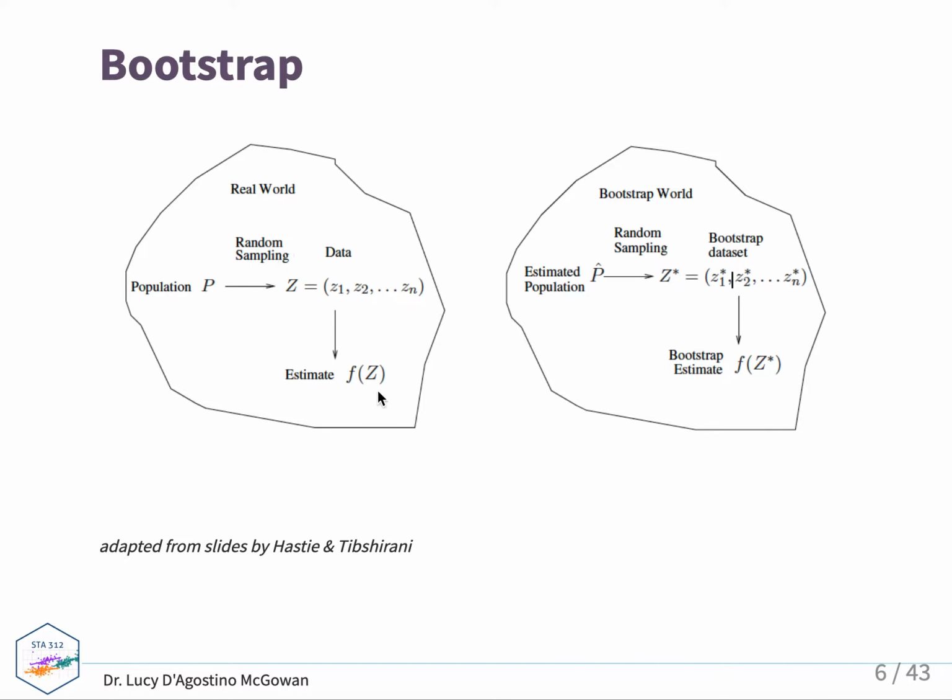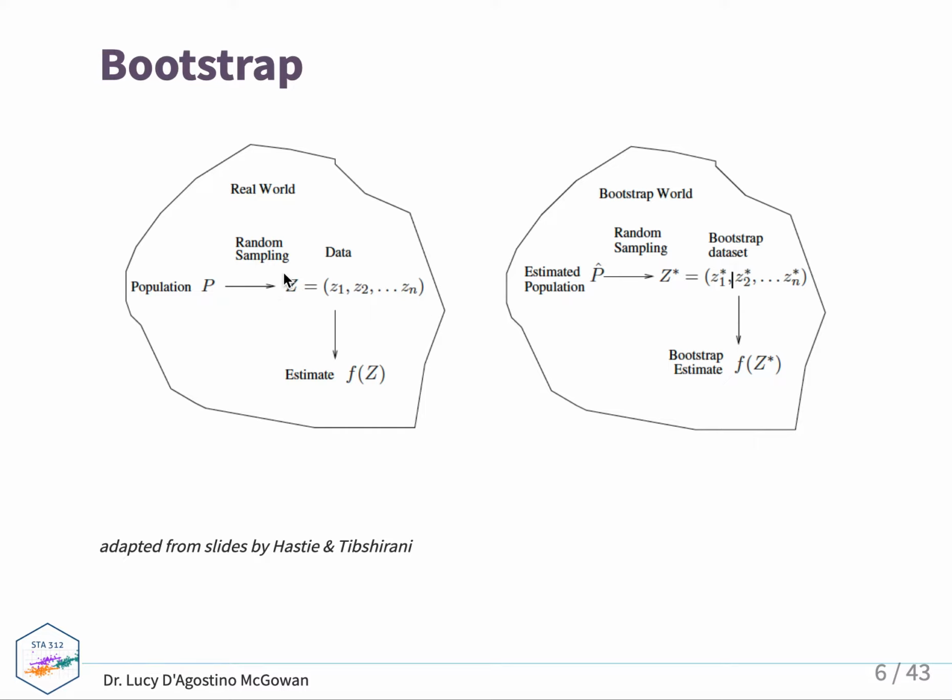This shows what we expect is happening when we're doing statistics. We randomly sample from this distribution and we get some data. These Z's here are our data. Then we construct some estimate based on that data by taking a function of that sample. This is essentially what we're doing when we're fitting a linear regression model to some data.